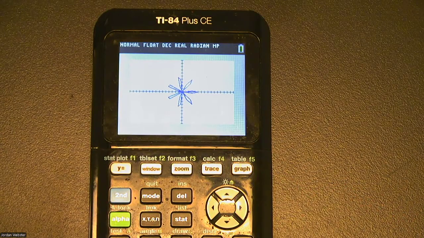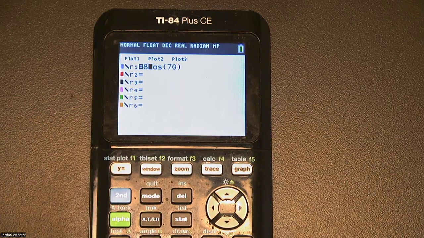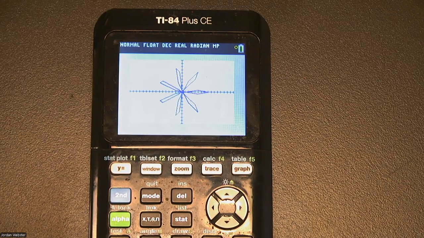Notice how those look like a lot of straight connecting dots. Those all should be smooth, like rounded petals. But they're not because that's how your calculator is connecting the dots.